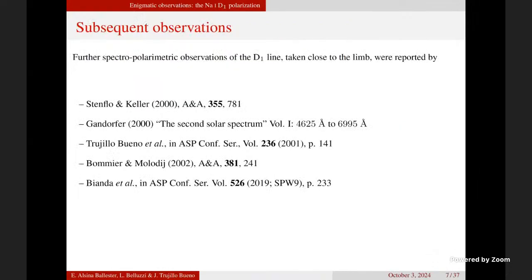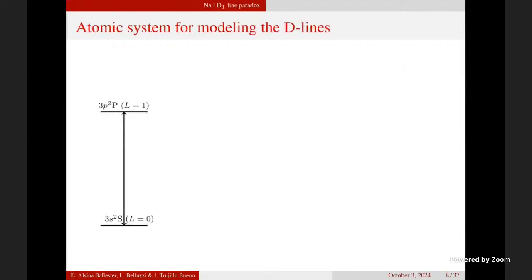Further observations showed that indeed this was not a fluke. Other observations with ZIMPOL, other observations at THEMIS also showed a significant D1 polarization. And now I'll go into the reason why it was not expected to be polarized.